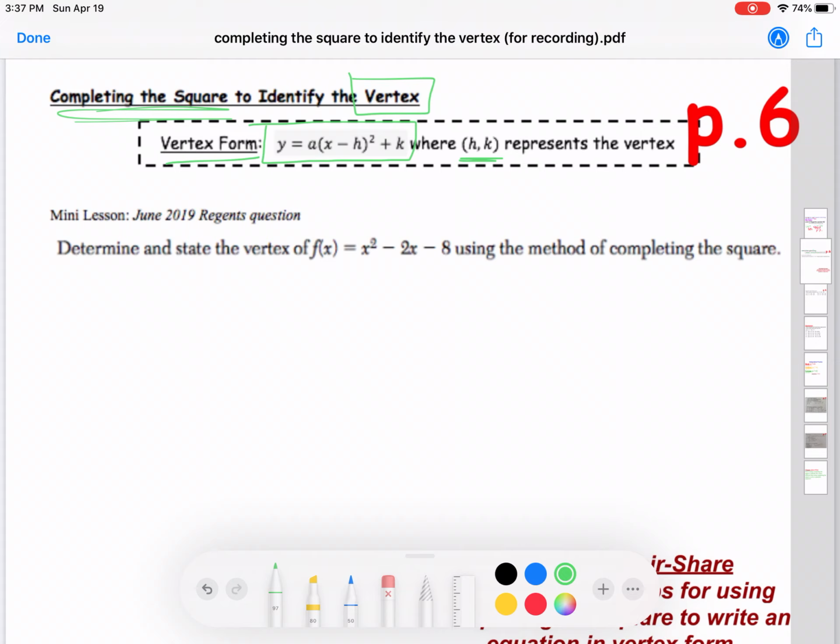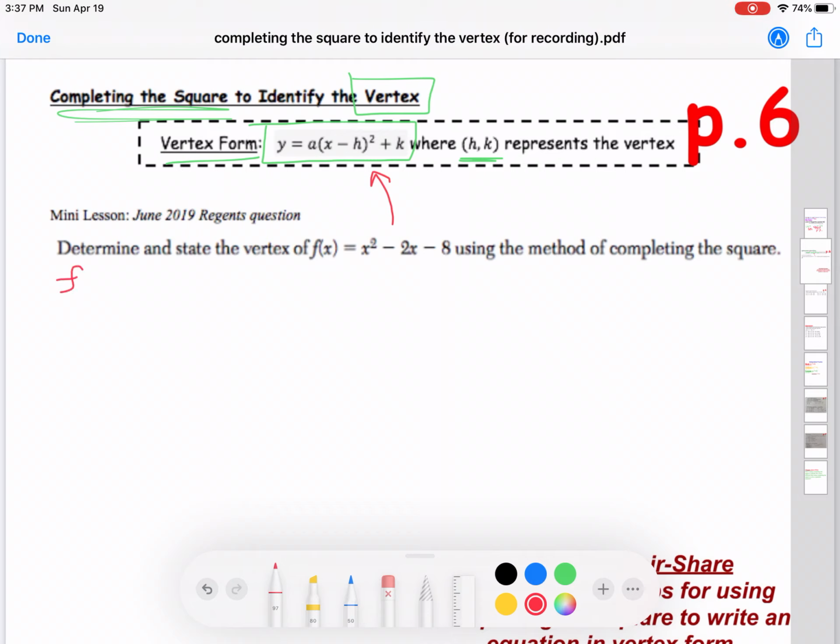Our mini lesson problem comes from the June Regents exam from last year. It says to determine and state the vertex of f of x equals x squared minus 2x minus 8 using the method of completing the square. So we're basically trying to take this equation that's in standard form and make it look like this vertex form so that we can easily identify the vertex.